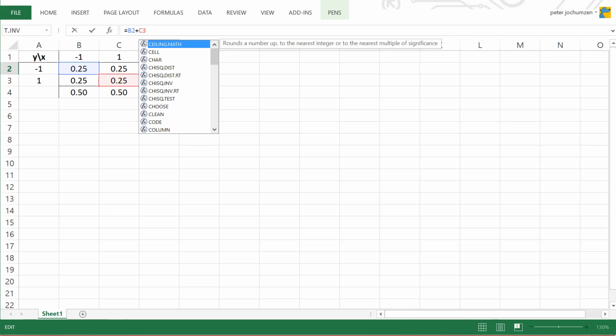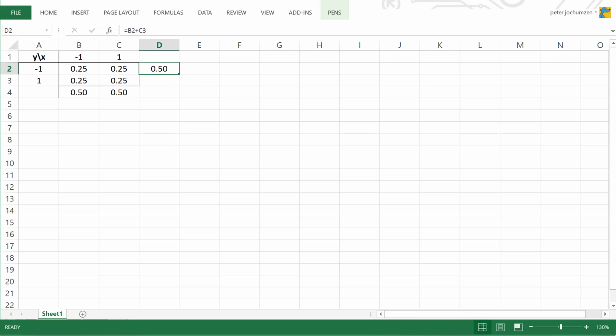So this is the probability that y is -1. Copy this down. I don't know why it doesn't want to stick. B2 plus C, not C3, C2. That's the way it should be. If I now copy this down, this should be 0.5 as well. Yes. Probability that y is -1, probability that y is +1.